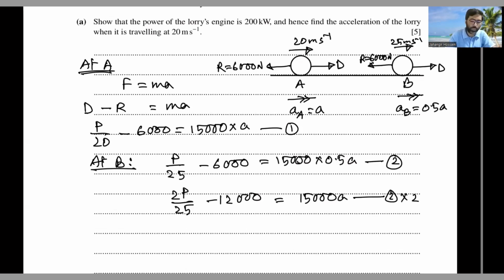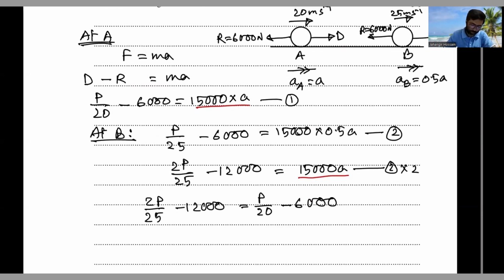From equation 1 we have 15,000a, and here we have 15,000a, so these two are equal. So we get 2P by 25 minus 12,000 equal to P by 20 minus 6,000. So we have P times 2 by 25 minus P by 20 equal to 12,000 minus 6,000, that's 6,000.